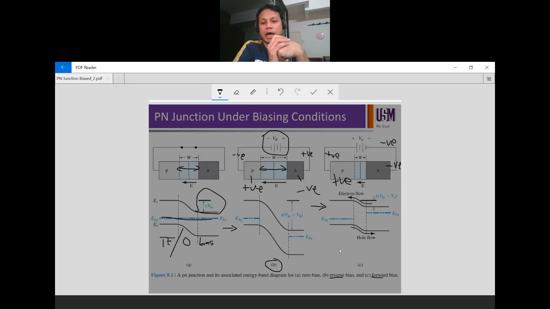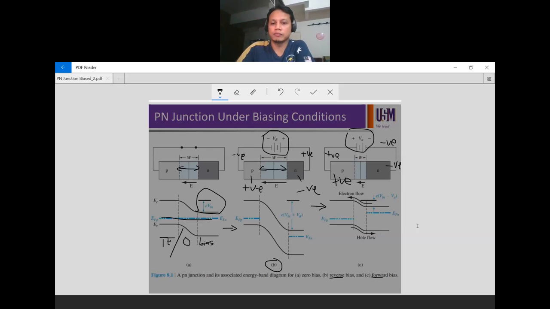So Q times VBI minus VA, and VA is the forward bias applied voltage, right? So sekarang dia punya V kena tolak. Tadi kalau reverse bias, V kena tambah. So now Q times VBI minus VA, which means your barrier height will reduce. Mana you punya barrier height? This is TE, thermal equilibrium. This is forward bias, and this is reverse bias.